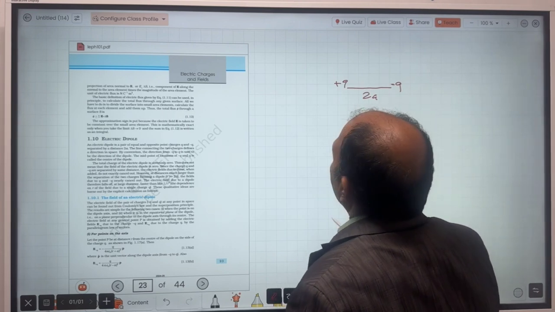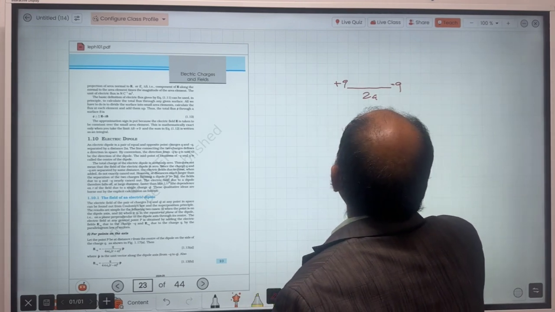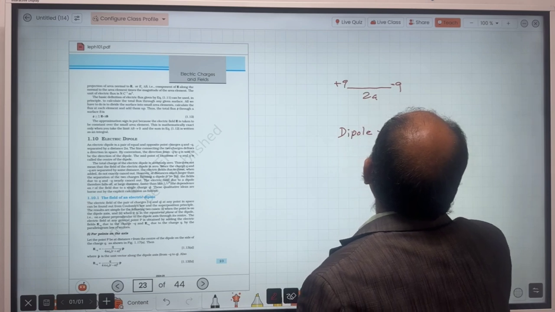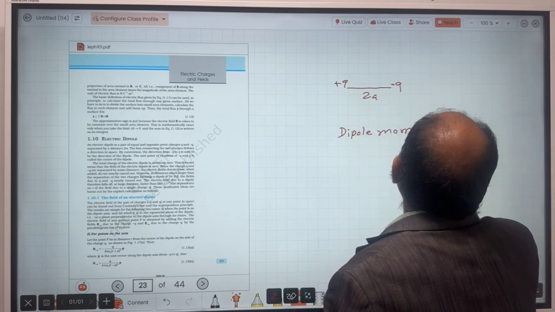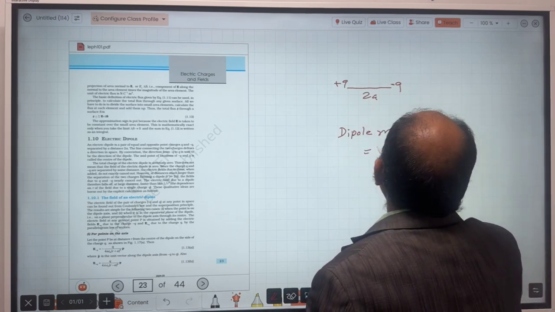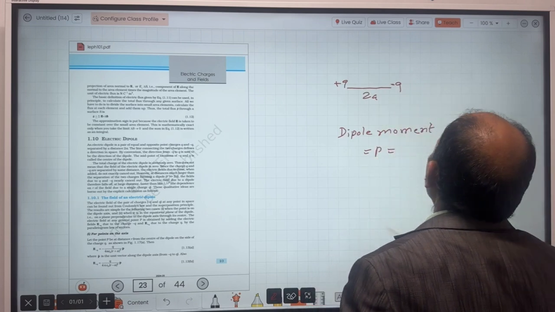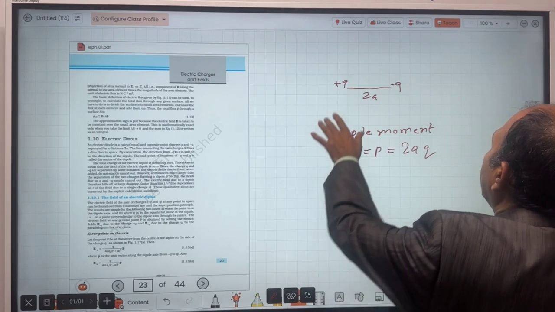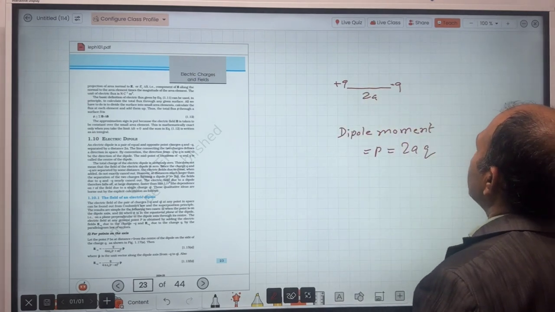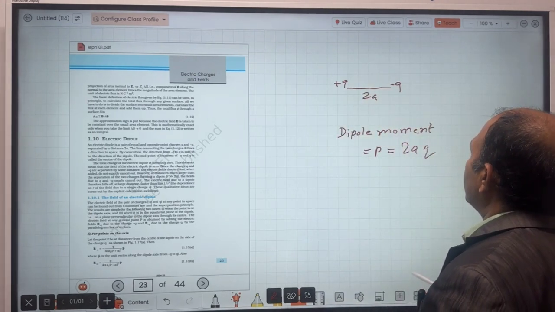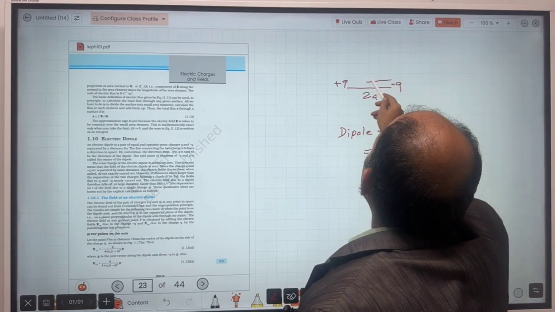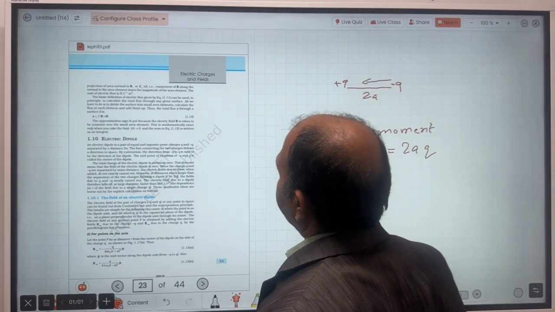Here we can find the dipole moment, given as P equal to 2AQ, where 2A is the separation between the two charges and Q is the charge, and its direction will be from minus Q to plus Q charge.